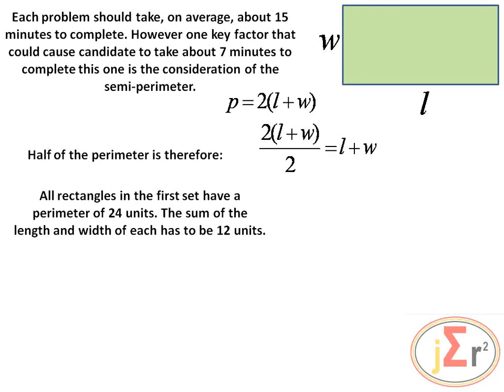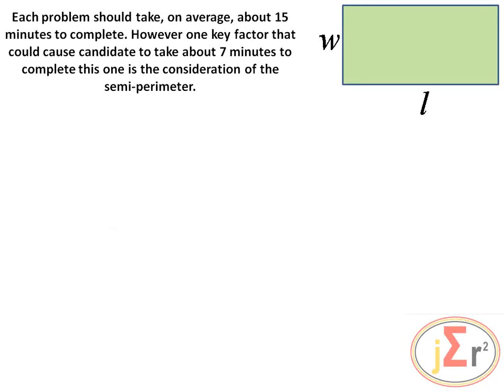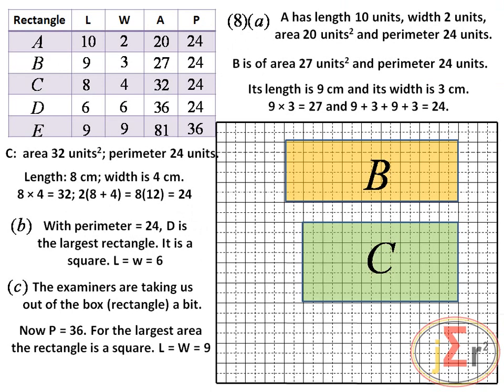So if we reflect to the other slide, half of the perimeter is 12. Therefore, any length and width that we are using must have a sum of 12. See, 10 plus 2 is 12, 9 plus 3 is 12, 8 plus 4 is 12, 6 plus 6 is 12. But this one is different. This one does not have a perimeter of 24 units.